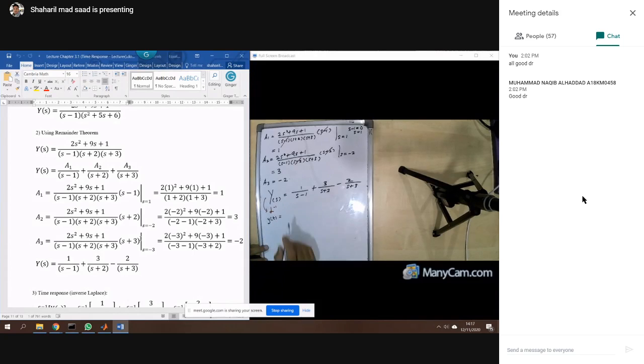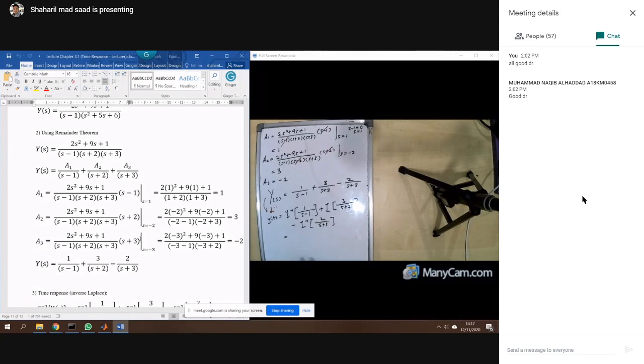Alright, when you want to do the inverse Laplace, you can inverse all these terms. So 1 over s minus 1, right?